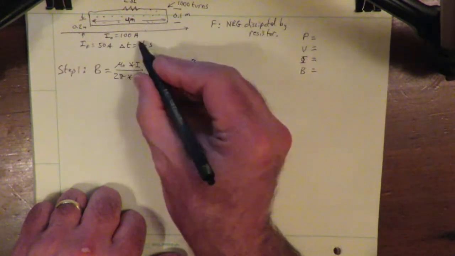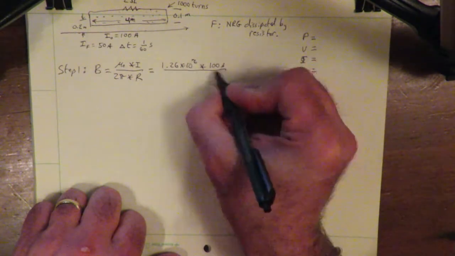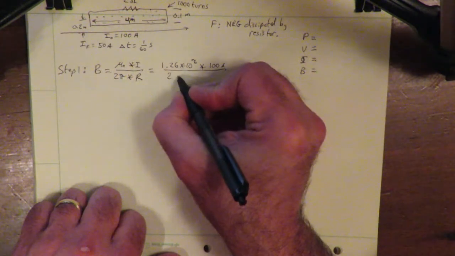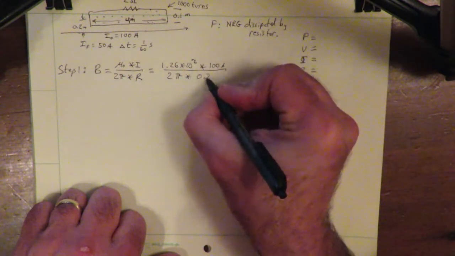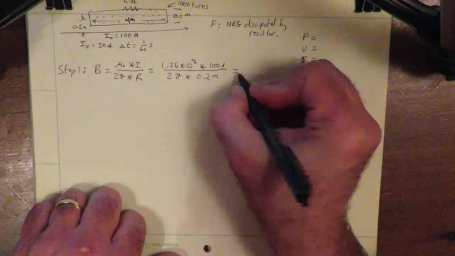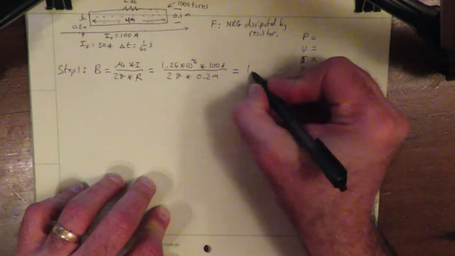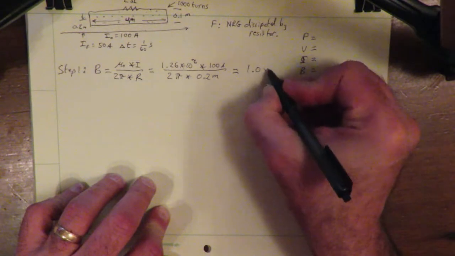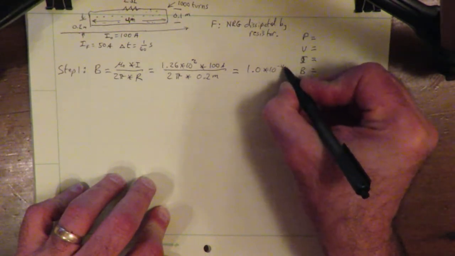Our current is 100 amps divided by 2 times pi times the radius, which is 0.2 meters. All right? We run all that through the calculator and we wind up with 1.0 times 10 to the minus 4th Teslas.